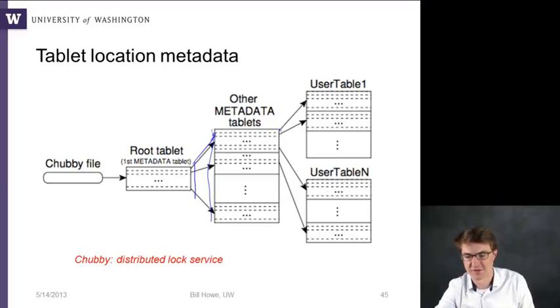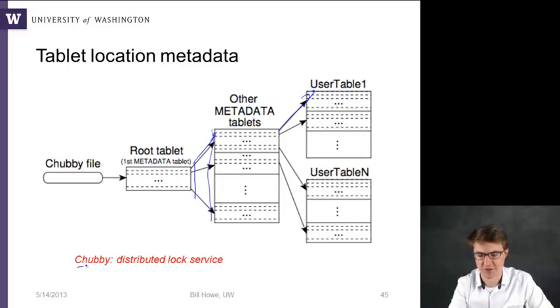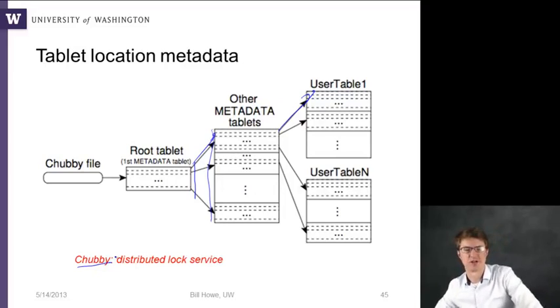And then each one of these metadata tablets gives the location of a particular user table. Okay. And so this is how you keep track hierarchically of where everything is. And so Chubby, that they mention in the paper, is a distributed lock service for controlling access to these things. And I'm not going to talk too much about it.